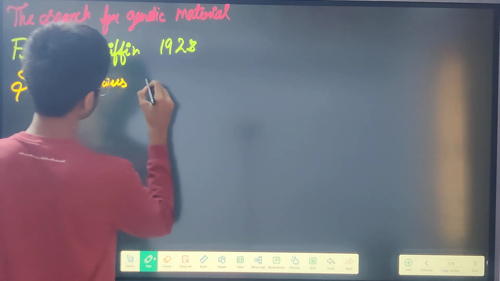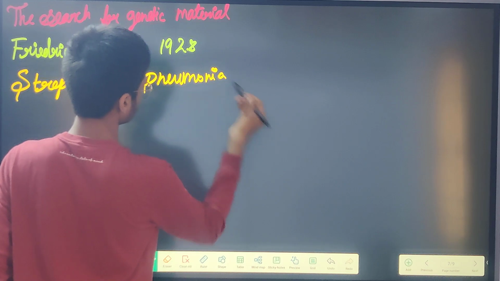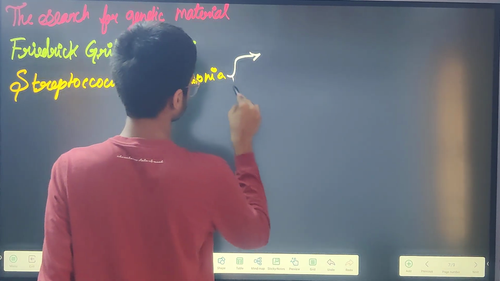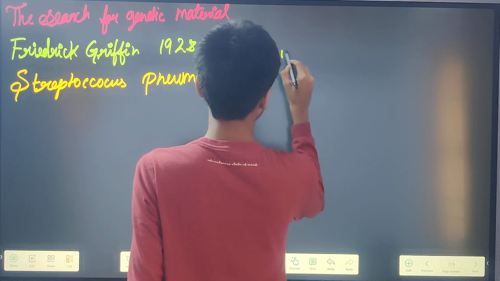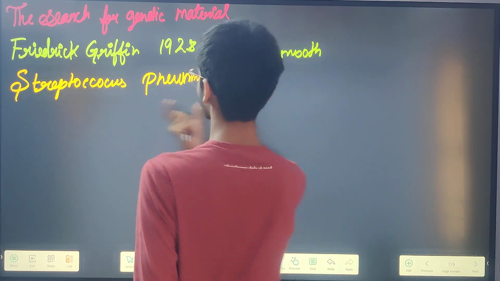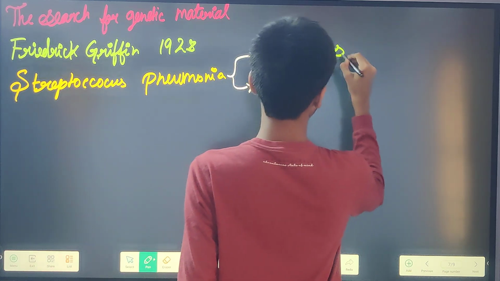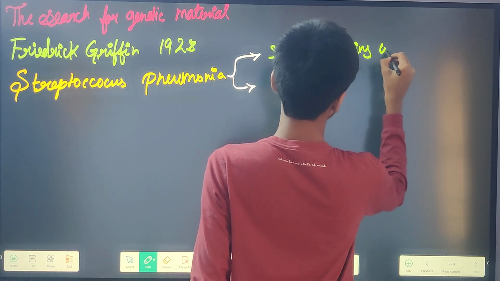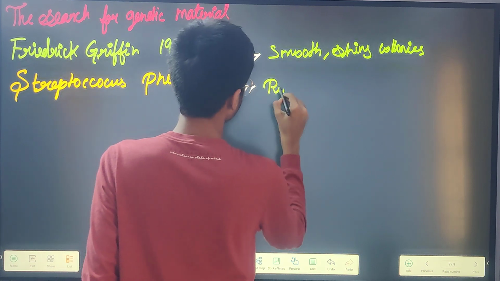Streptococcus pneumonia is actually of two different types. It can form smooth, shiny colonies, and it can form rough colonies.